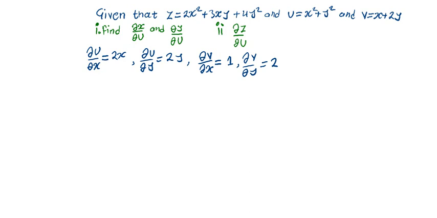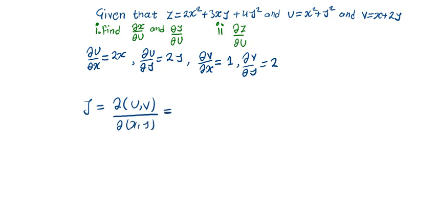Okay, so to use Jacobian, this is going to be equal to the partial of u, v with respect to x, y.